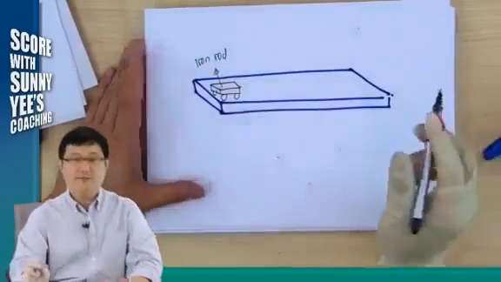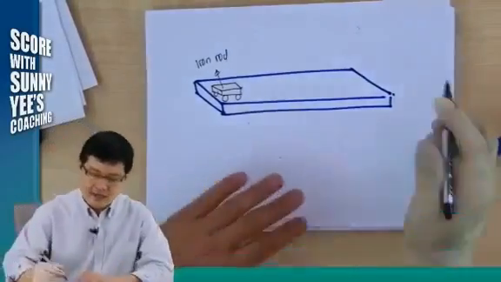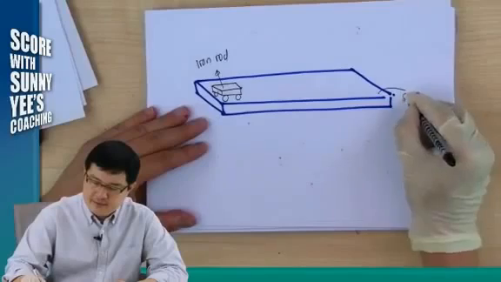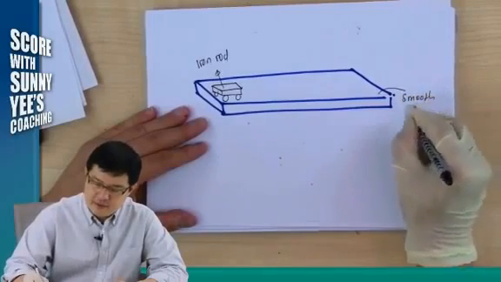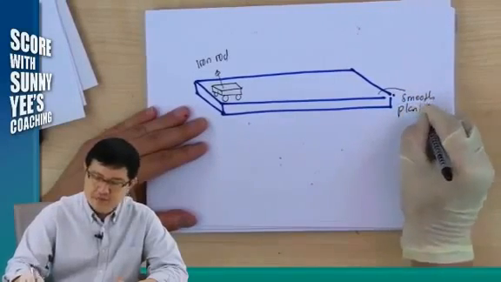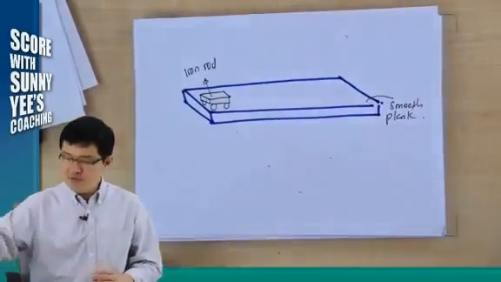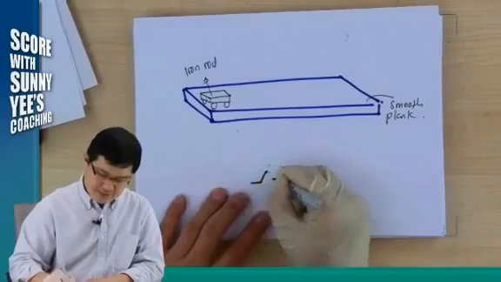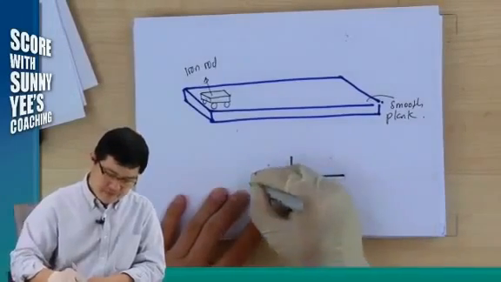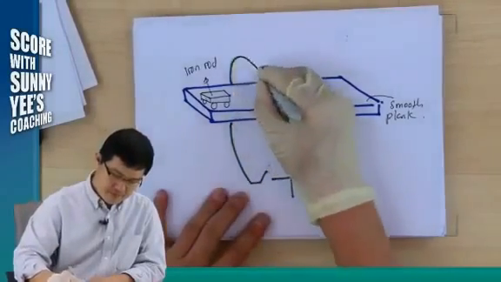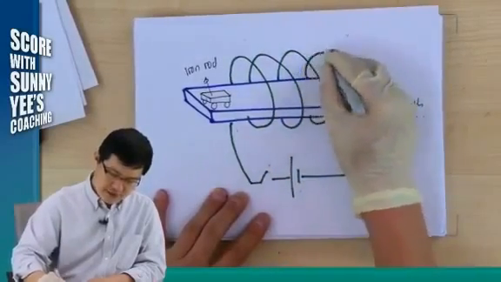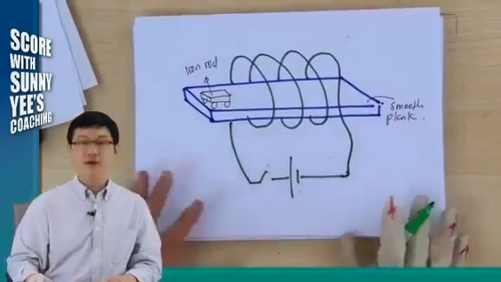This is a smooth plank. With this smooth plank, I have a switch here. Until here is enough.